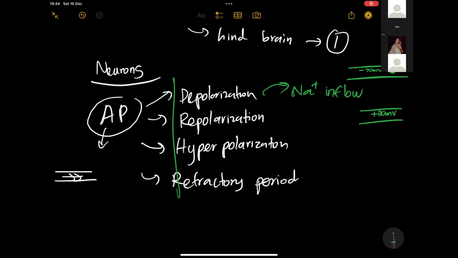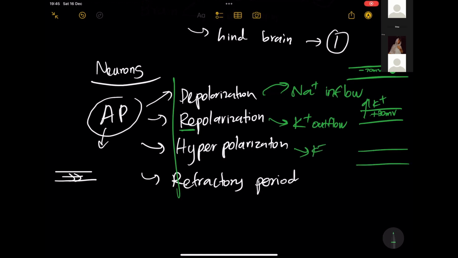Then what is repolarization? Repolarization means now you made a change. Earlier you are normally minus 70, now it's plus 30, and repolarization is bringing it back to where it was. That needs K plus outflow. Here sodium ions come inside, here K plus ions should go out. If K plus ions are going out, again inside will try to come back to its normal minus 70.